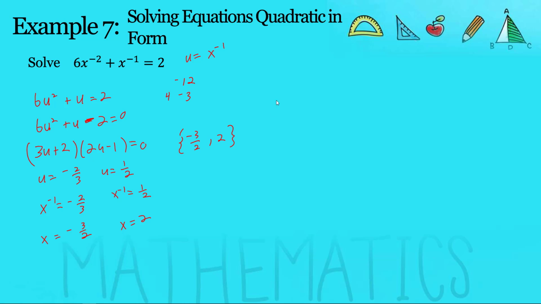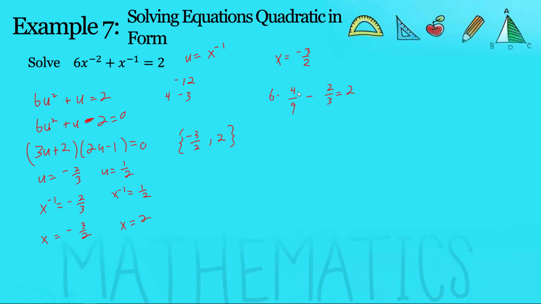Now it might be good to see if they actually do work out, so let's go ahead and see if we can do that. If we let x be equal to negative 3/2, we will have that 6 times x to the negative 2 power is going to be 6 times 4/9. That's basically 1 over (3/2) squared, minus 2/3 is equal to 2.